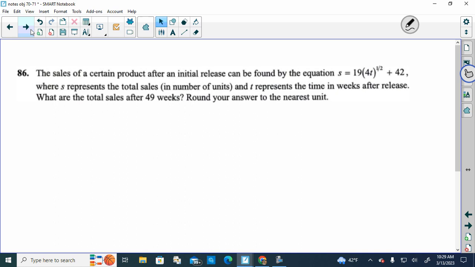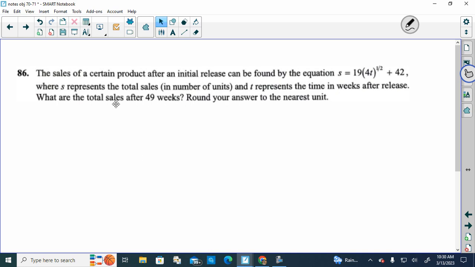Okay, so the formula is S equals 19 times 4t to the 1/2, plus 42. And now we've got an exponent that has a 1/2, so we have to take a flashback to, I think, first semester, maybe, when we learned about that. Some of you have been doing this on Alex not too long ago. Then our number down here is 49, so we need to figure out, are we plugging it in for the t or for the s?